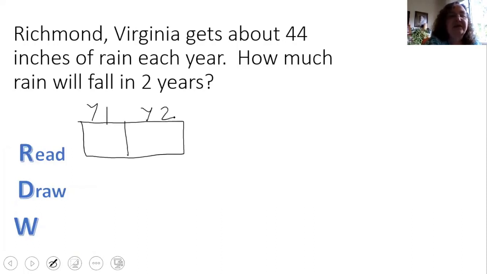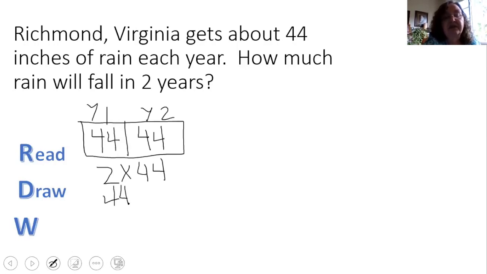And I know that there's 44 inches in the first year and 44 inches in the second year. And then the question is, how much rain will fall in the 2 years? What would be the multiplication sentence you would write for this? Well, I have 2 groups of 44, or I could do the inverse and it's still the same, 44 times 2.